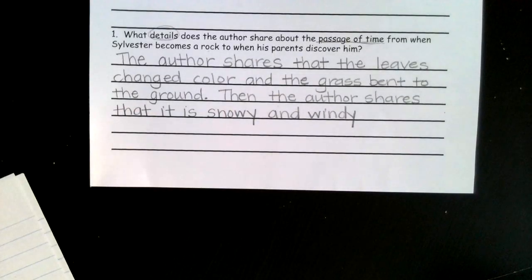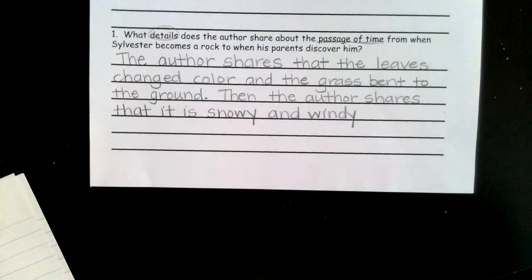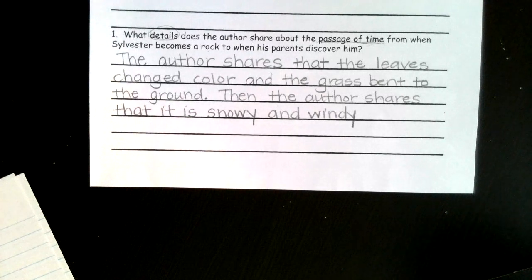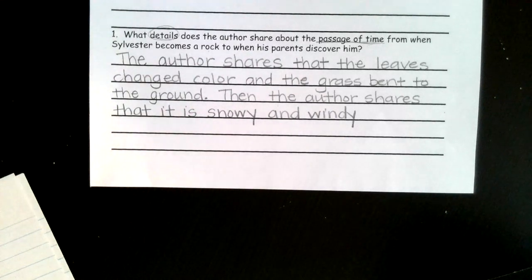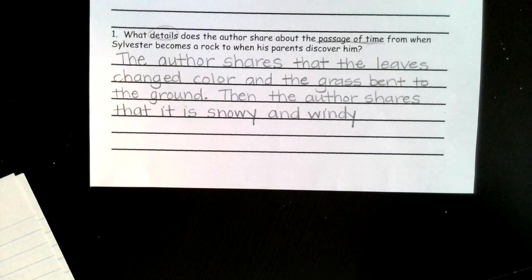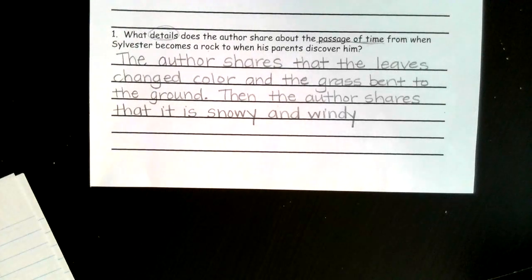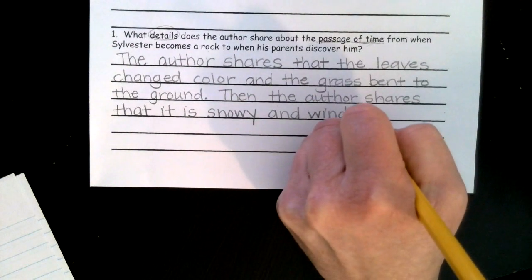So we're just writing down some of them. So first we have the author shares that the leaves changed color and the grass bent to the ground. Then the author shares that it is snowy and windy.